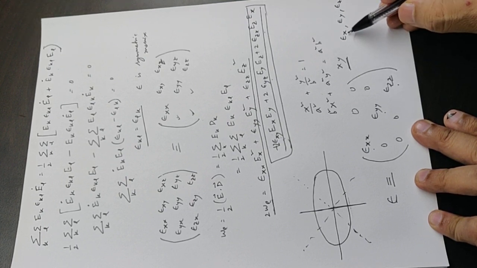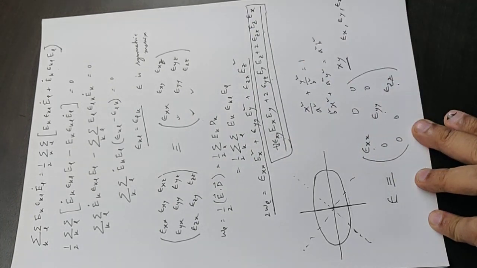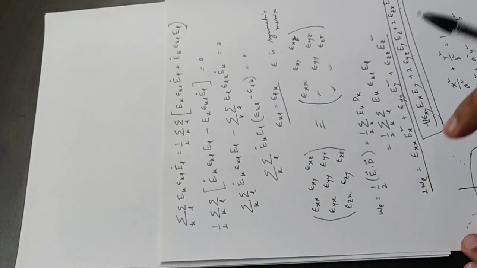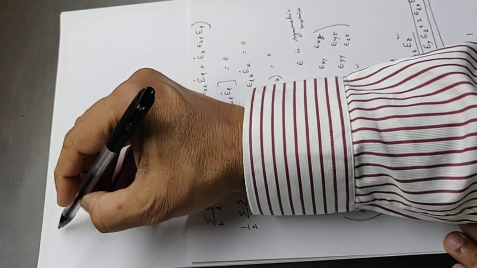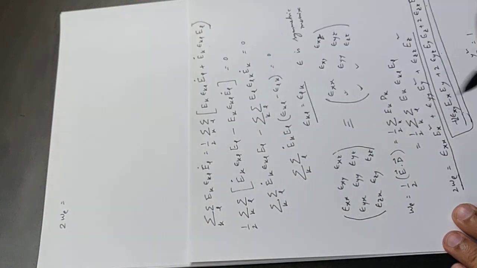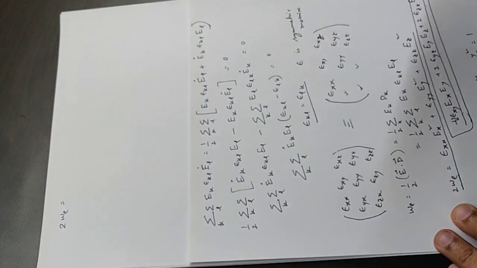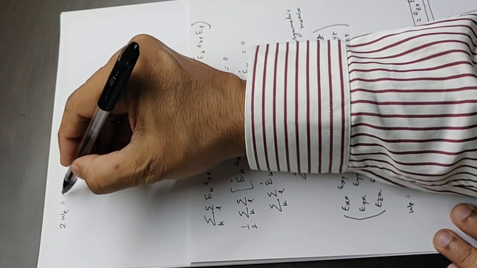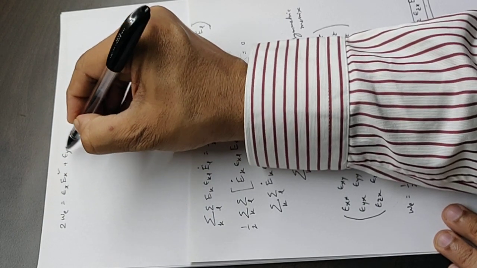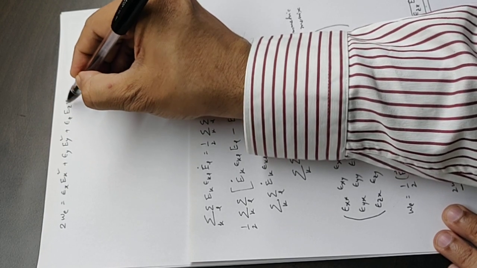So this electrical energy 2WE, in this diagonalized format, becomes epsilon x Ex square plus epsilon y Ey square plus epsilon z Ez square.